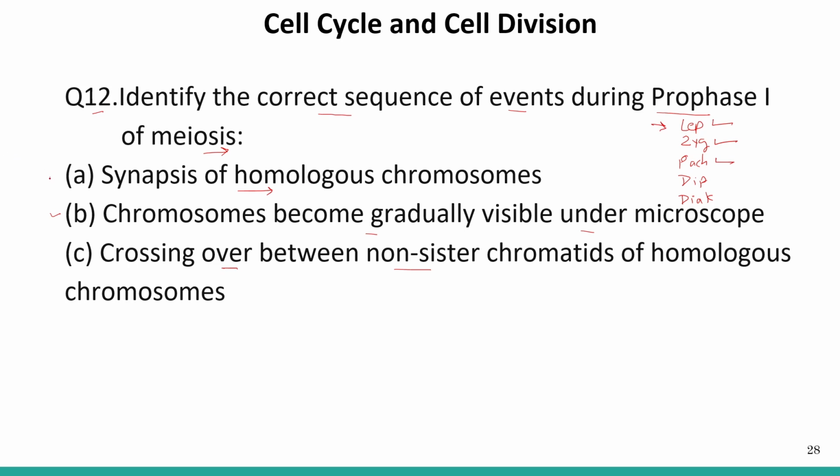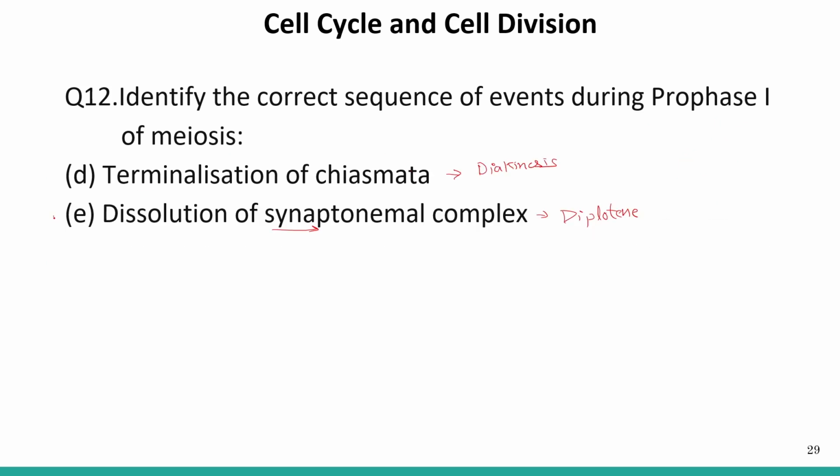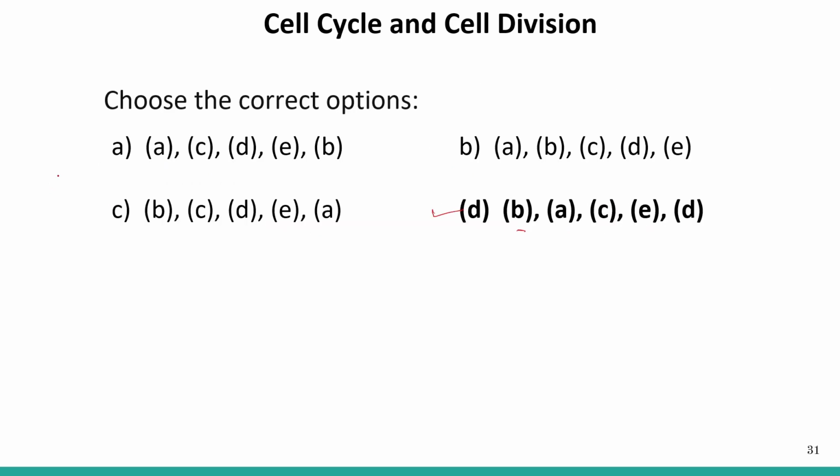Then we have synapsis of homologous chromosomes. Then what will happen after synapsis? Crossing over will take place. After crossing over, dissolution of synaptonemal complex, and finally we have terminalization of chiasmata. So this is the answer.